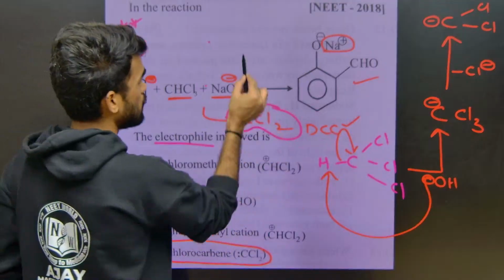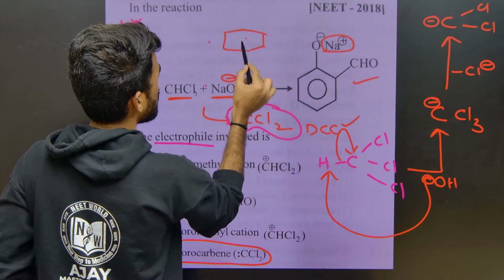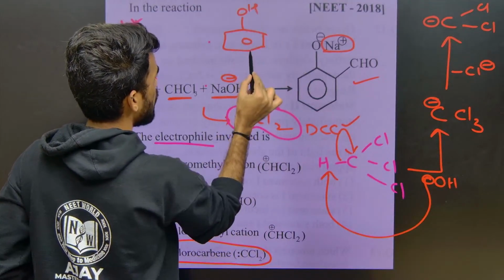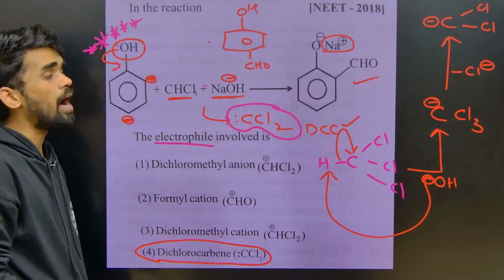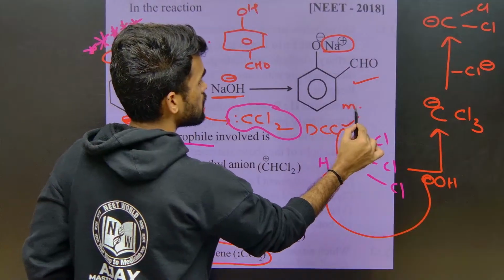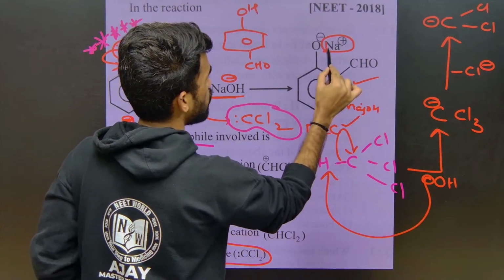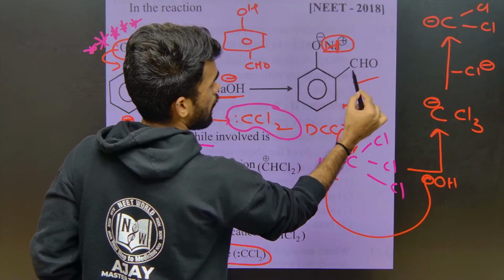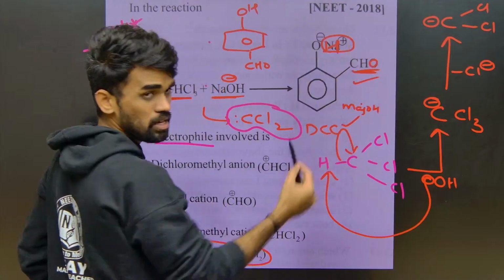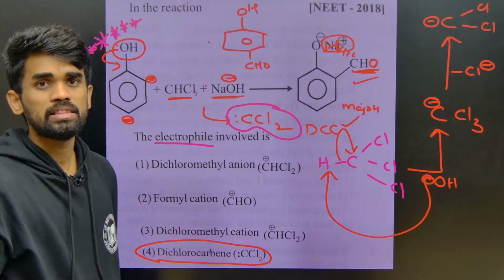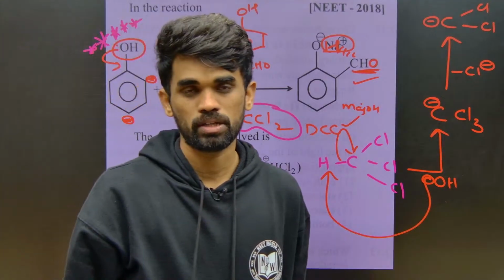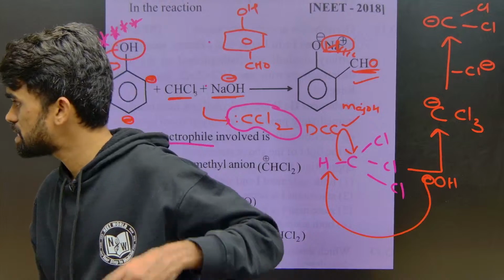If it is at the para position, we will get phenol here and CHO here. So this is the para product, this is the ortho product. But the ortho product is major because the OH group at the ortho position and the oxygen of the aldehyde group will have intramolecular hydrogen bonding, which makes it the major, stabilizing product. Hope this is also clear.